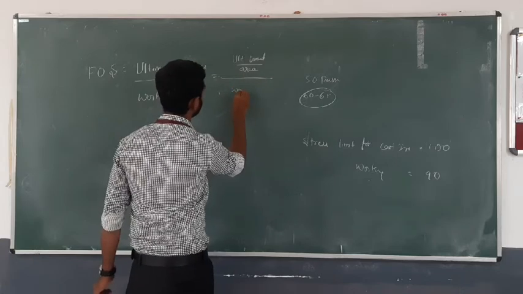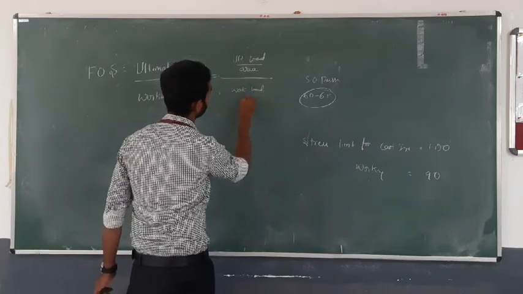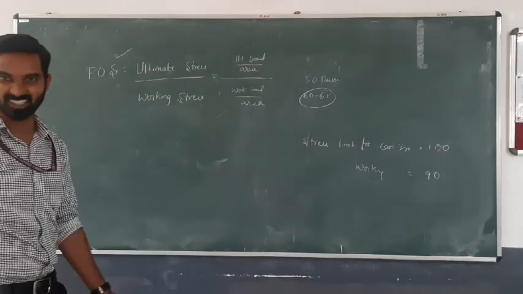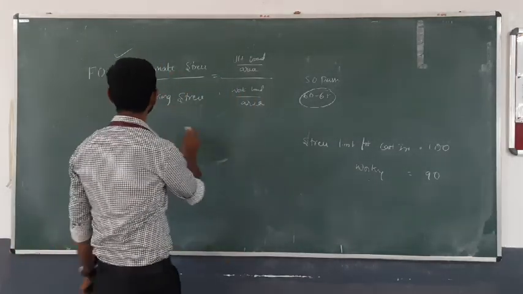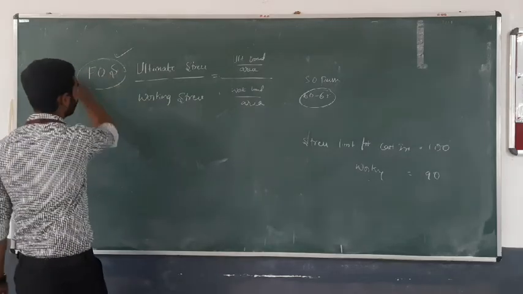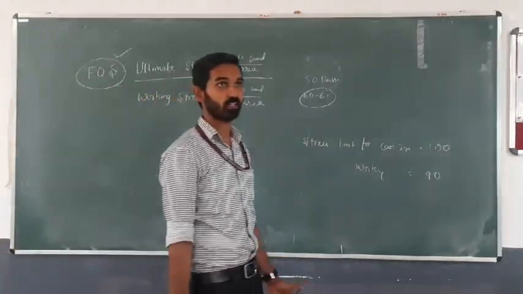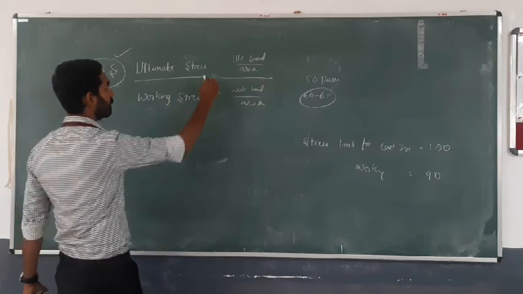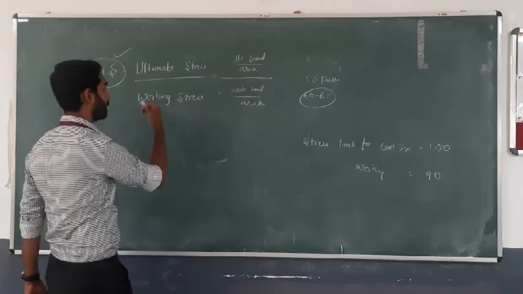Here, working load by area. So the unit of the factor of safety is zero, nothing but no unit. So factor of safety will be treated as a constant, considering the ultimate stress to the working stress.